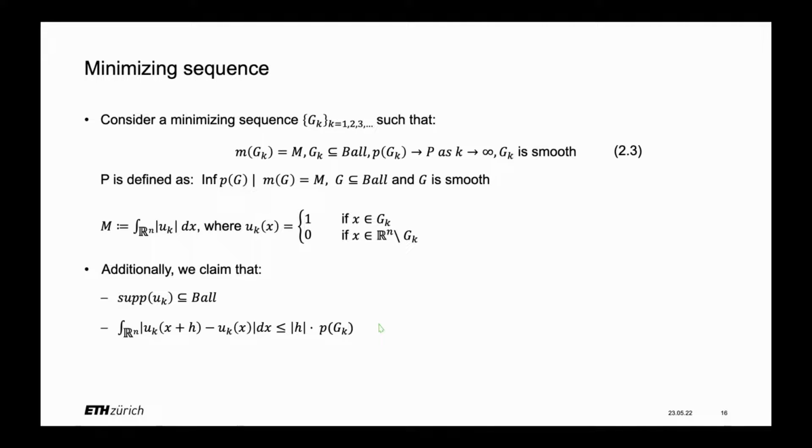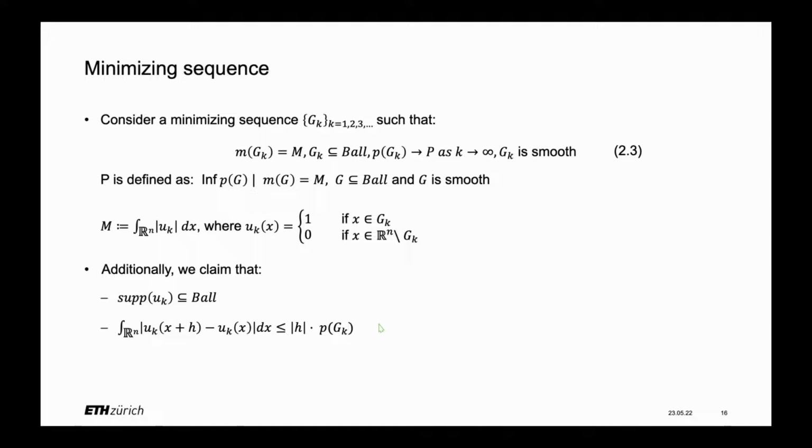Also, the integral of the absolute value of u_k of x plus h minus u_k of x dx is smaller or equal to the absolute value of h times the perimeter of G_k. What does that mean? We can think of u_k of x plus h as a translation. The little movements around our x don't really matter. This would be bounded by something linear, which is the absolute value of h times some constant, the perimeter of G_k.